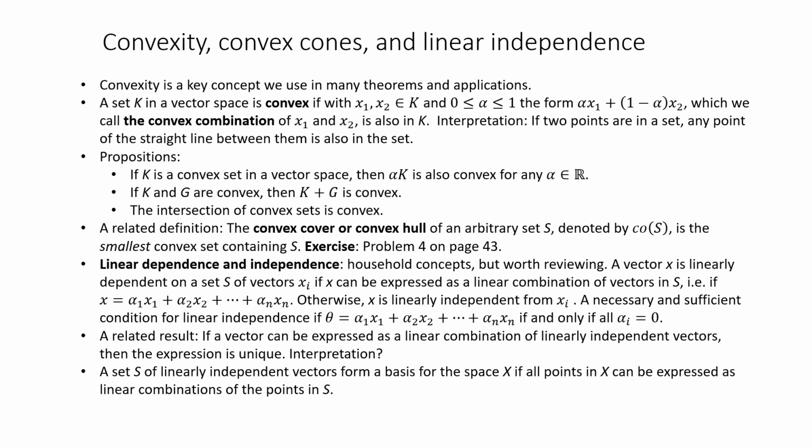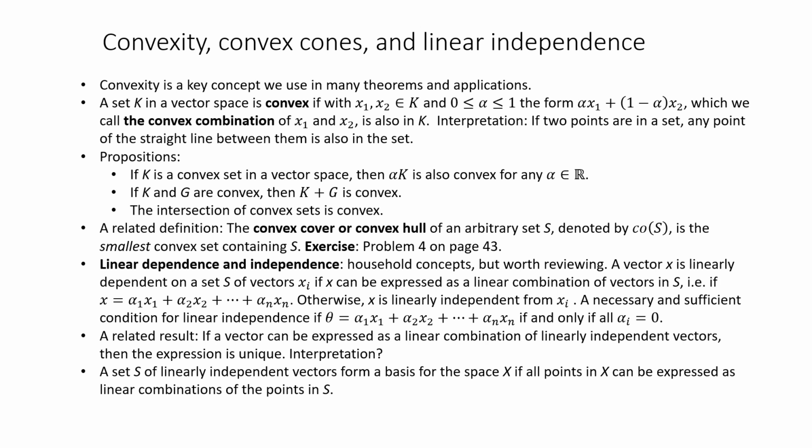A necessary and sufficient condition for linear independence is: for a set of vectors, if the zero vector can be described only with zero weights, then this set of vectors is linearly independent.